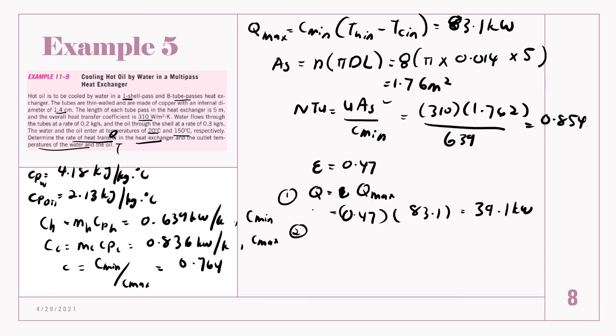For the second question, it asks for the outlet temperature of the water and the oil. To calculate the outlet temperature, you can use the heat balance formula, Q is equal to Cc, either with MCP delta T or directly C times delta T. So this one is for water.